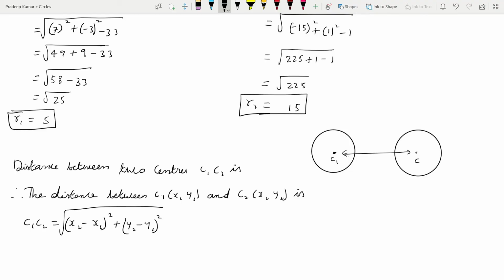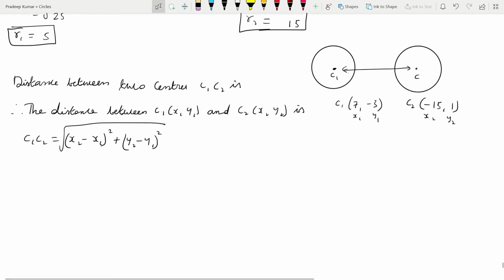The center C1 was 7 comma minus 3, and the center C2 is minus 15 comma 1. So this is x1 y1, this is x2 y2.